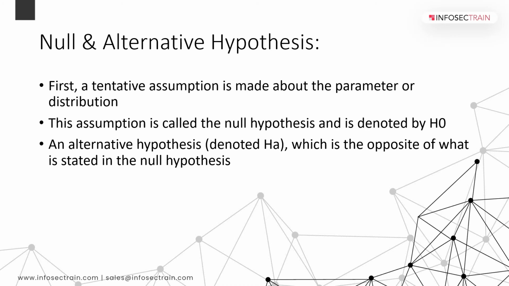First we need to make an assumption about the parameter or the distribution. This assumption is called the null hypothesis and is denoted by H naught. And the alternative hypothesis is denoted by HA, which is the opposite of what is stated in the null hypothesis.